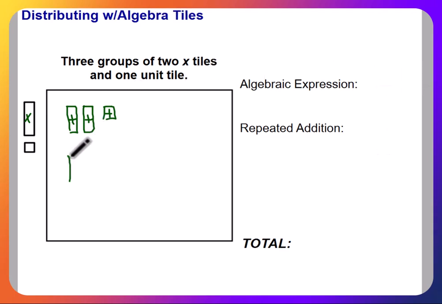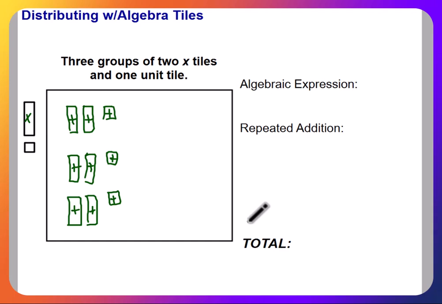That's 1 group, there's 2 groups, and here's my 3rd group. Okay, so there's 3 groups. Each group represents 2 X tiles and 1 unit tile, all positive.